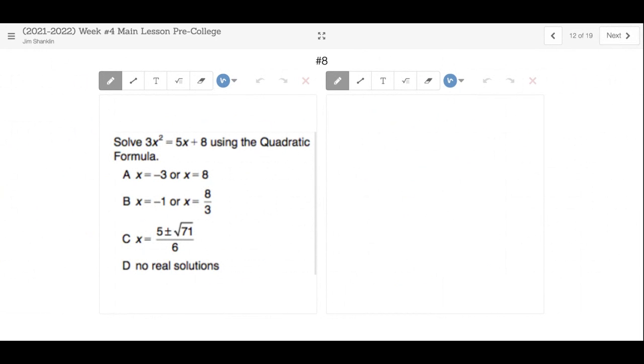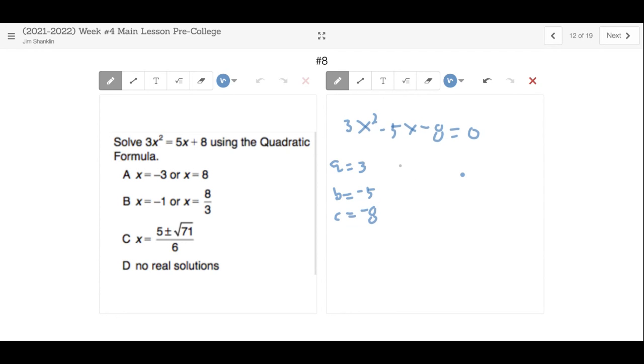Number 8, it says 3x squared equals 5x plus 8 using the quadratic formula. Well, in order to use the quadratic formula, it has to be set equal to 0. So I'm just going to go 3x squared minus 5x minus 8 is equal to 0. And then my A value is 3, B value is negative 5, C value is negative 8.